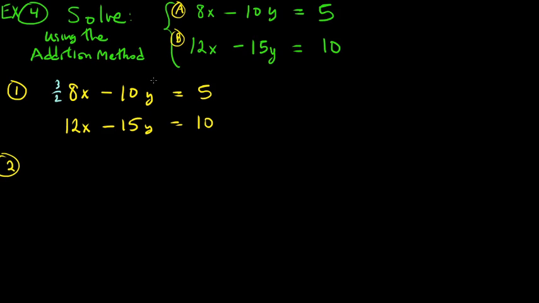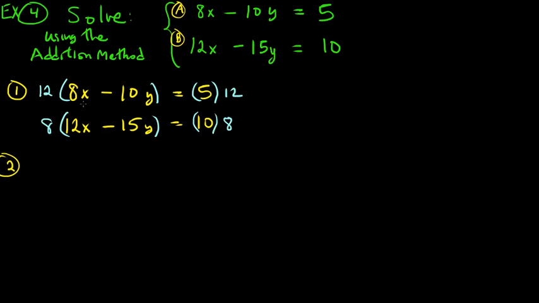But most of you probably had trouble figuring that out as a fraction. So instead, all I have to do is multiply by the other number. In other words, I multiply the first equation by 12 on both sides, and then the second equation by the 8, again, on both sides.